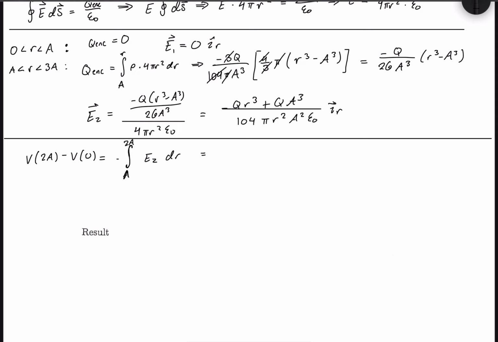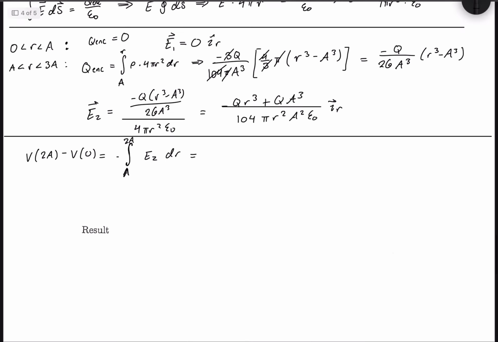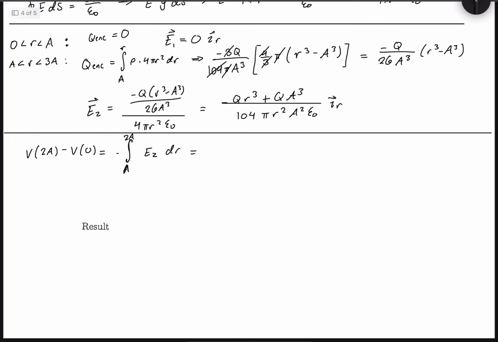Okay, and if we want to plug this in, what we would probably want to do is split up this equation for the electric field in the top and bottom, since the radius is in the denominator, and that's the variable we're integrating with respect to. So what we would probably end up having here is the integral from a to 2a of q, and if you split this in half, the radius would cancel out and you'd just leave 1 on the top.